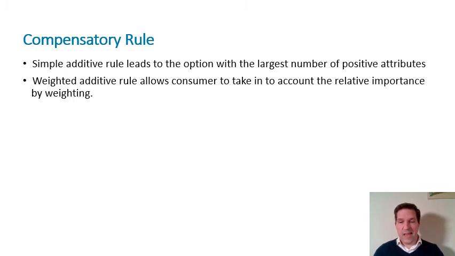Now, to make this more fancy and probably more realistic, you can weight those attributes by importance. If size is really important for me, then I'm going to give it a higher weight, and that's going to be reflected in a larger number that is added and hence plays a bigger role in my decision.